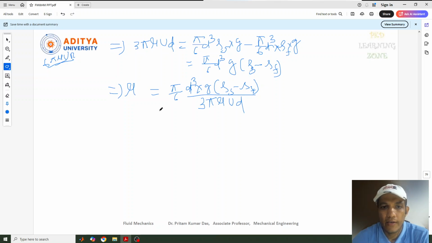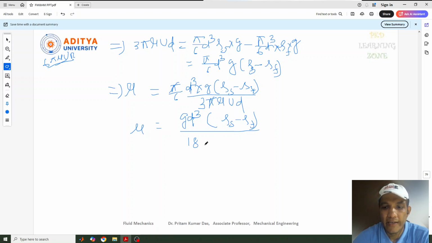Now we can conclude this in such a way, mu equal to this 6, we can take to the bottom, pi can be cancelled, so that we can write g d cubed, bracket start rho s minus rho f bracket close, and in the denominator it will be 6 into 3, that is 18, pi already cancelled, and 18 into u, and this d is there, we can cancel one d so that it will be g d square.